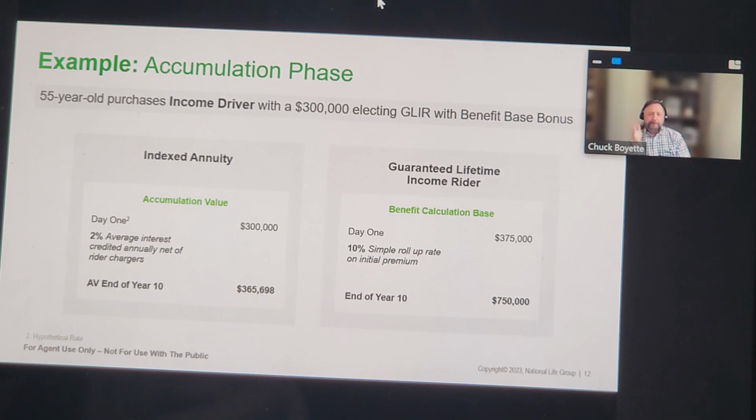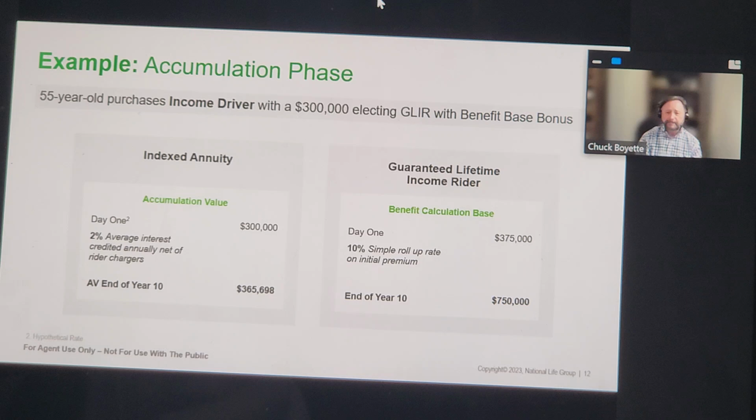And then we're going to just compare that to an indexed annuity that has an accumulation value but does not have the bonuses and the GLAIR option. So with the guaranteed lifetime income rider on the right, you can see day one, because of the 25% bonus, they're going to have $375,000 as their benefit calculation base.